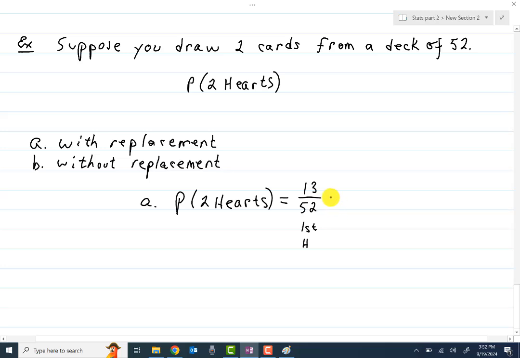We multiply times the number of ways of choosing the second one. We also want the second one to be a heart. I should write the words, because you might think it would be heads or tails. Well, with replacement means that I put the first card back and reshuffled. So therefore, there's still 13 hearts out of 52 cards.